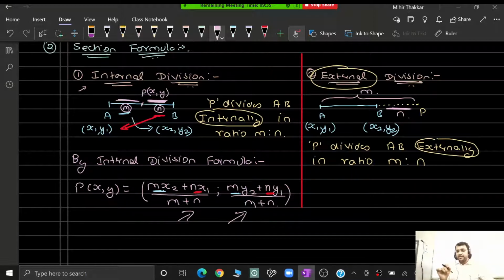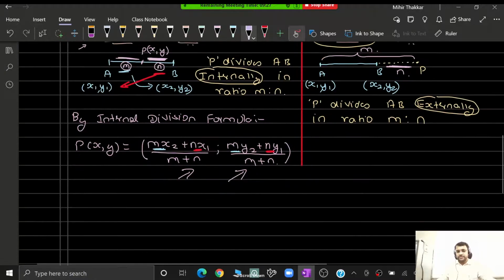The only difference is that the middle plus sign will now be replaced with the minus sign. So if you want the formula for external division, it is like this. The external division formula, guys, is exactly the same.